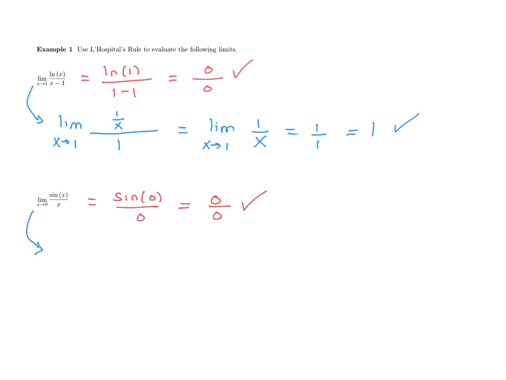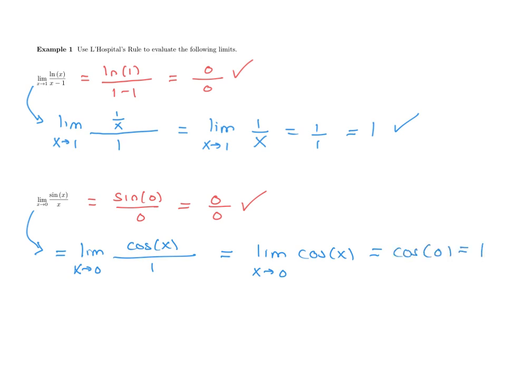By using L'Hopital's rule, this limit is equal to the limit as x goes to 0 of the derivative of sine of x, which is cosine of x, and the derivative of x is 1. This is really just the limit as x goes to 0 of cosine of x. Can we simply put 0 in place of x? Sure. What's cosine of 0? It's also 1.